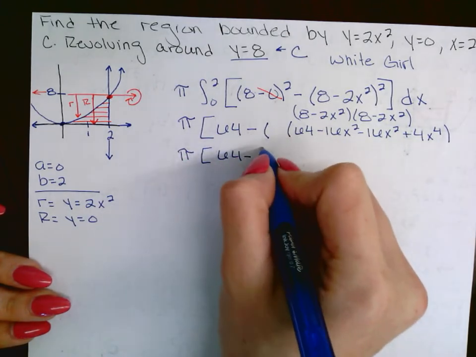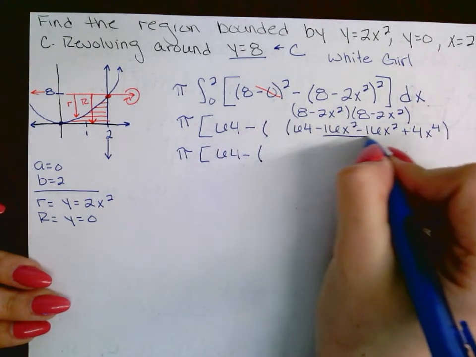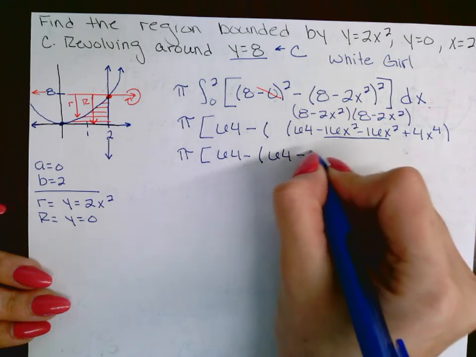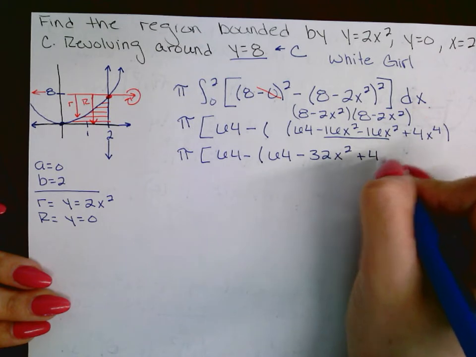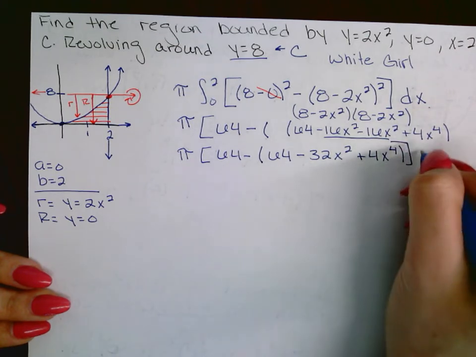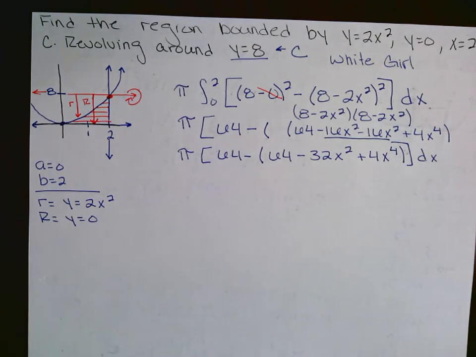Now I need to leave this parentheses here because that negative is going to have to get distributed. So I should write 64 minus 32x squared plus 4x to the fourth. I apologize.